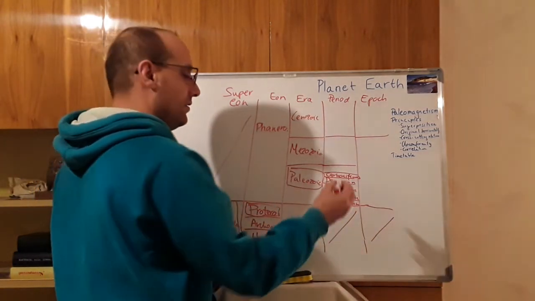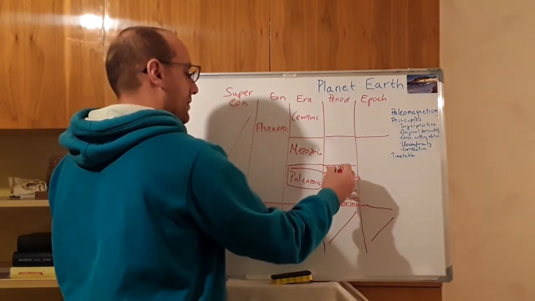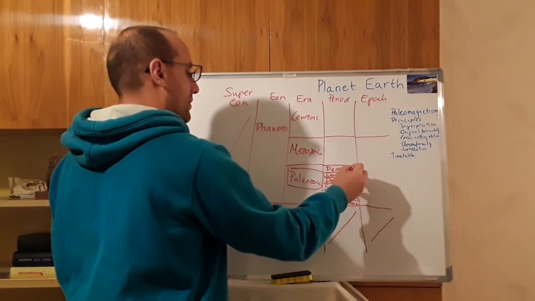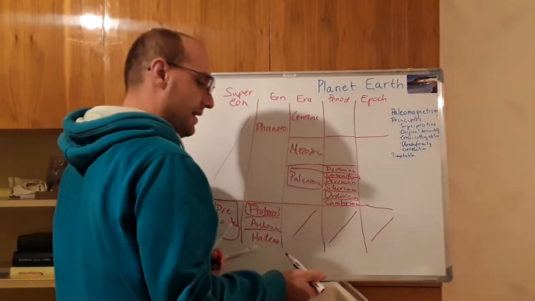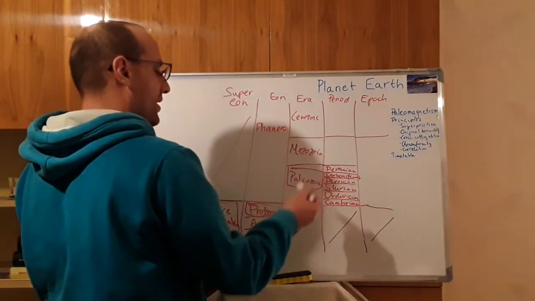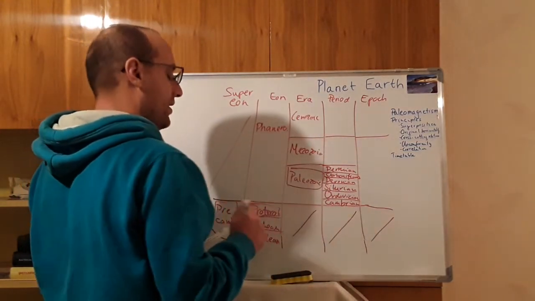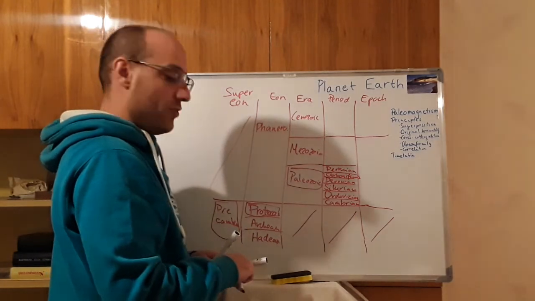And finally, the Permian. So there's 1, 2, 3, 4, 5, 6 periods within the Paleozoic era that we need to memorize.